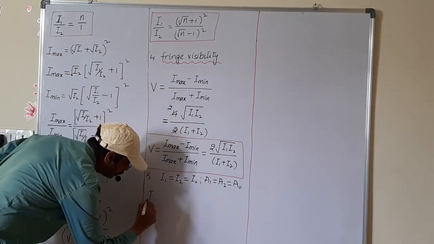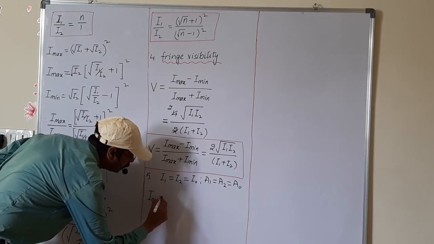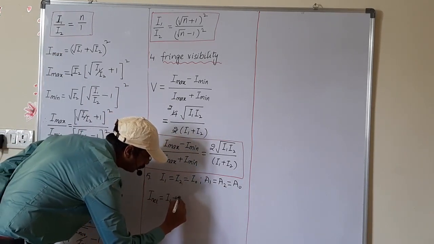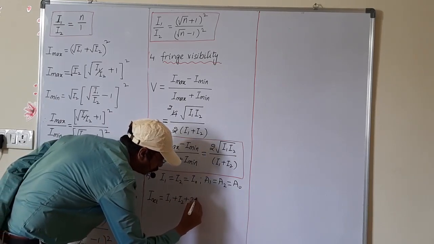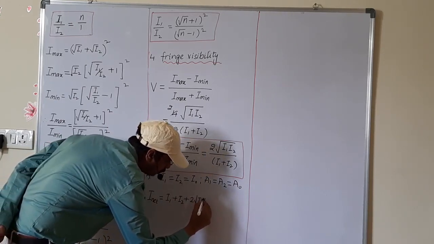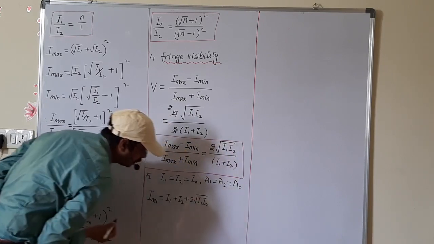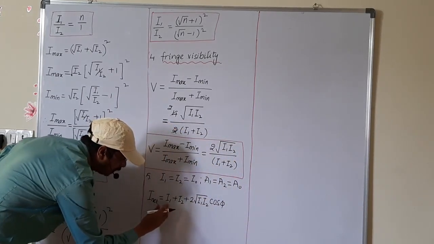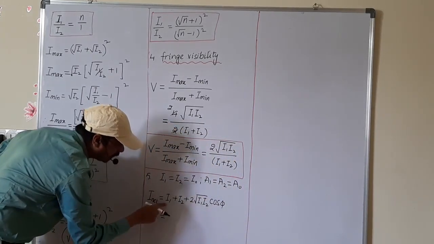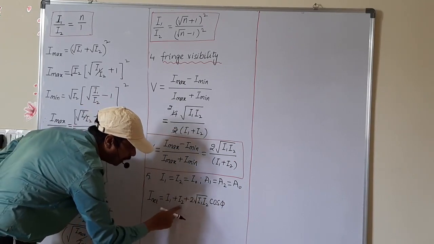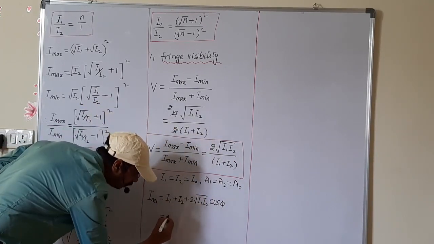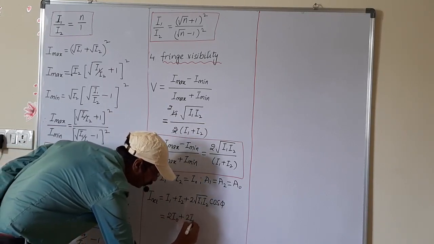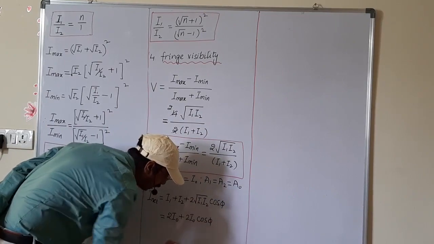What is the net intensity formula? I net is I1 plus I2 plus 2 root I1 I2 cos phi. Substituting, we get 2 I0 plus 2 I0 cos phi.